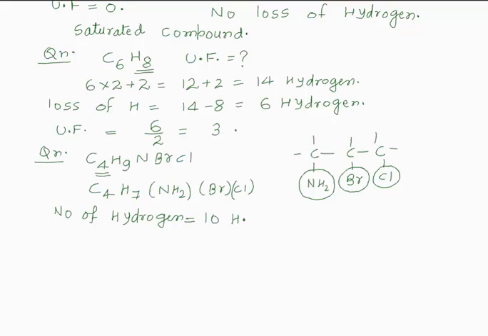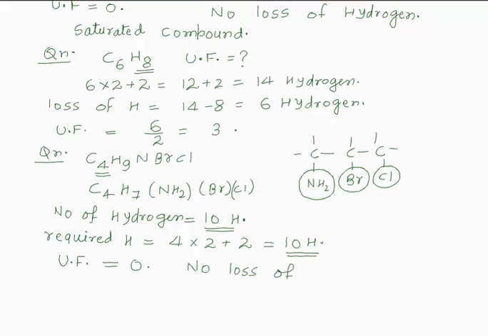And for 4 carbon, the required hydrogen is 4 into 2 plus 2, that is 10 hydrogen required, and we have 10 hydrogen. So in this case, unsaturation factor is 0. That is, there is no loss of hydrogen atom. No loss of hydrogen, and that means there is no double bond or ring in this compound.